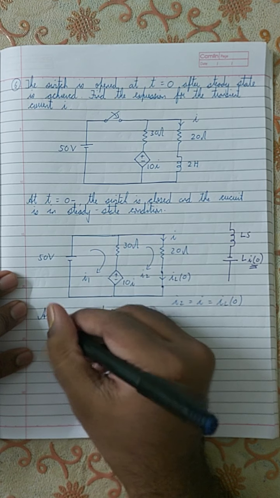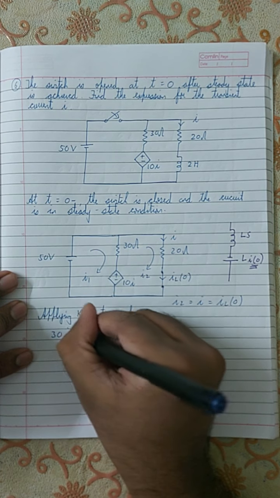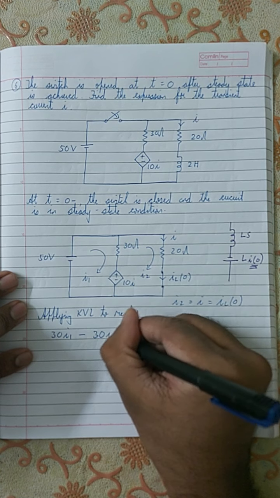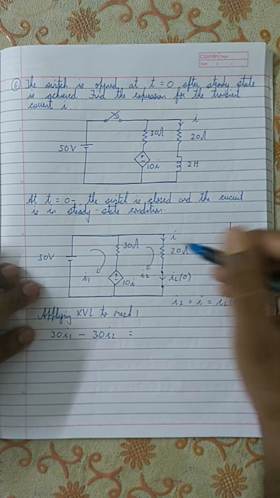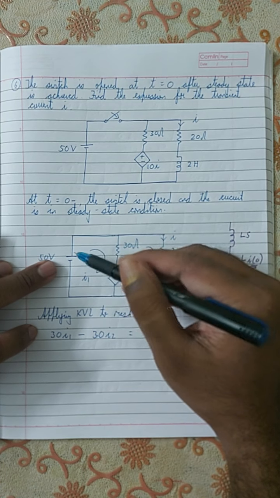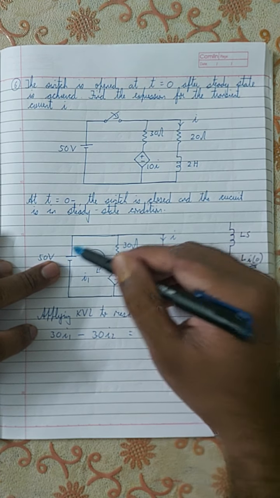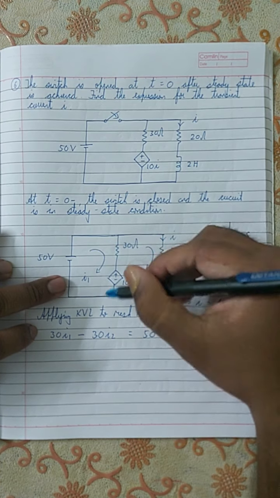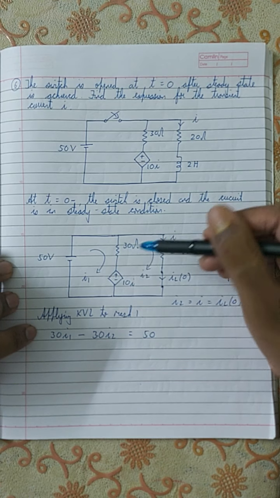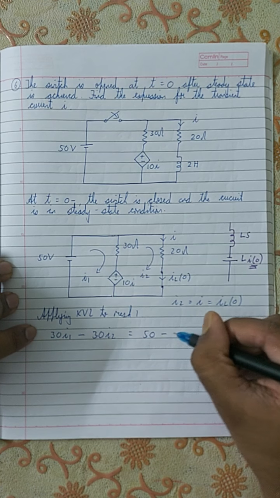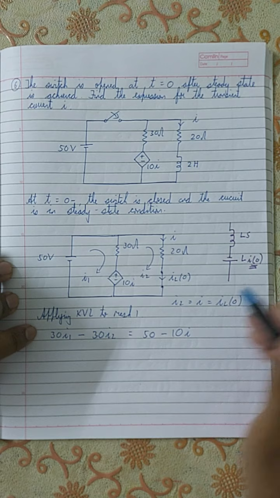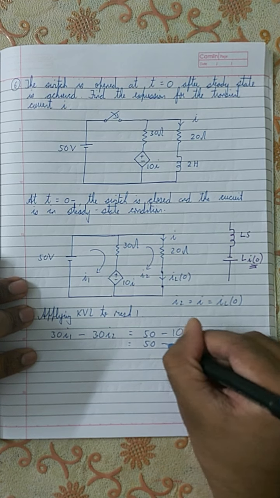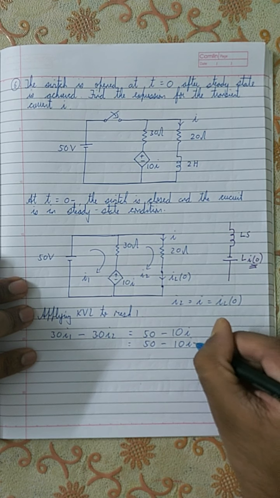We get the equation 30I1 minus 30I2 is equal to 50 minus 10I. The I1 is coming out of the positive terminal of the 50 volt source, so it is plus 50, and this I1 is going into the positive terminal of the dependent source, which is opposing current, so it is minus 10I. But I is equal to I2, so this is 50 minus 10I2.